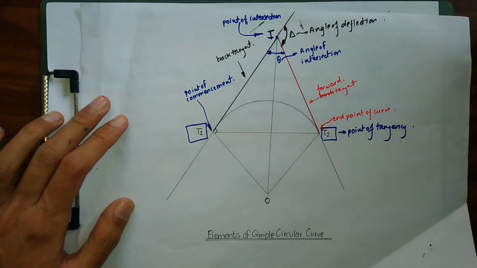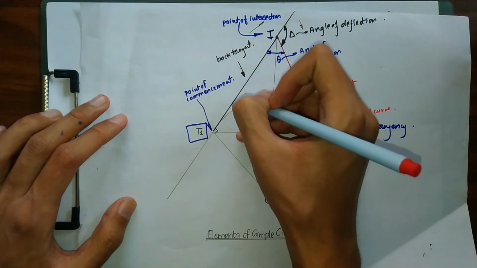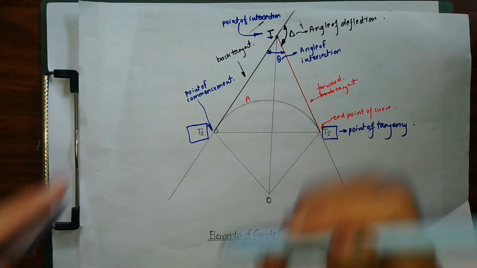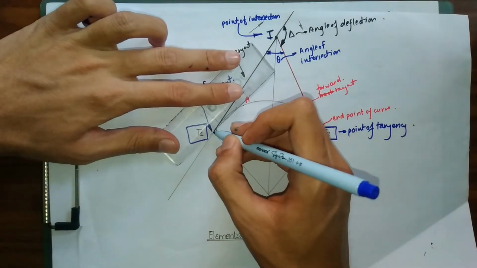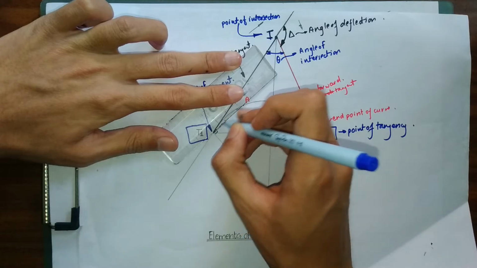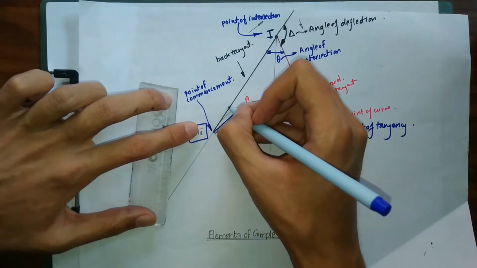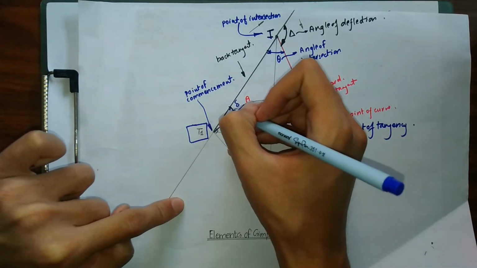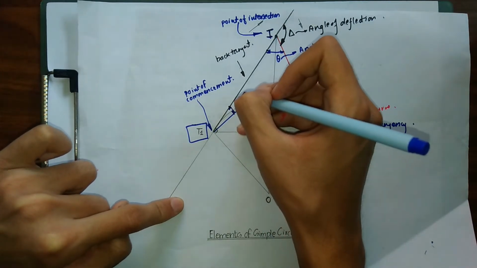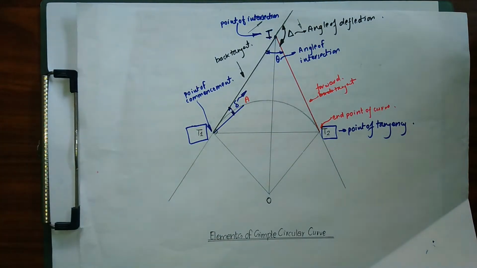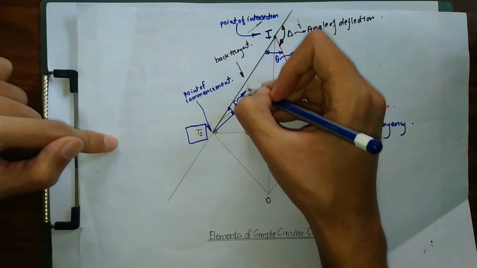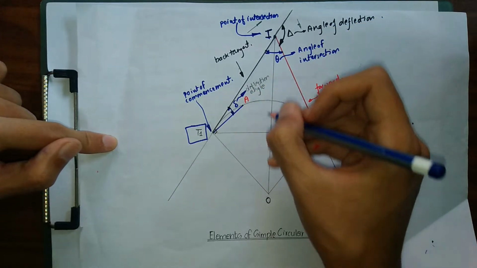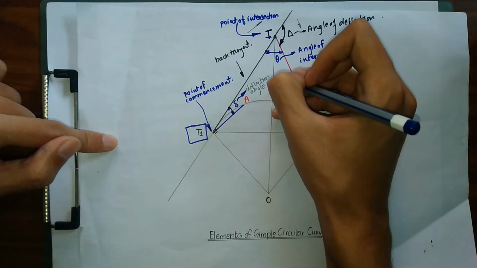If I had to find the deflection angle of this point A, I will join the point of commencement to this point, and this angle with the back tangent, let me denote it by del, will be known as the deflection angle to point A.